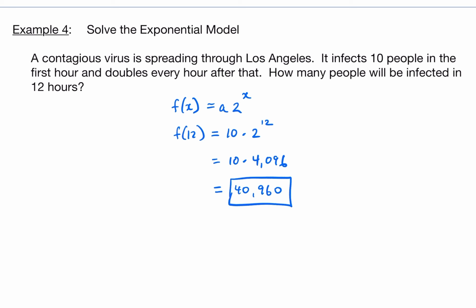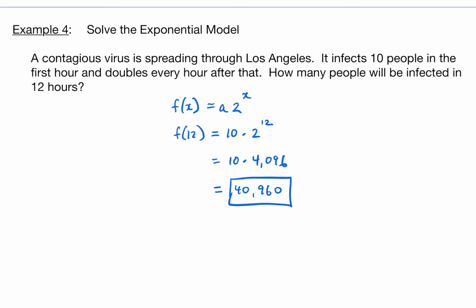Okay, so the key thing here is putting together this model where, because this is a doubling effect every hour, we use a base of 2 to the power of x to determine however many hours are being asked.